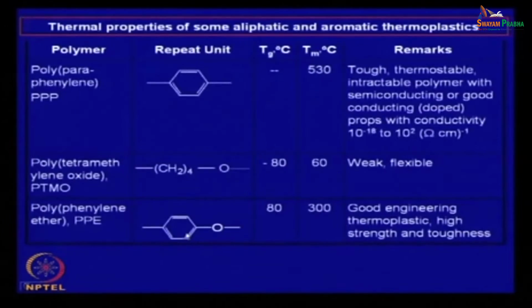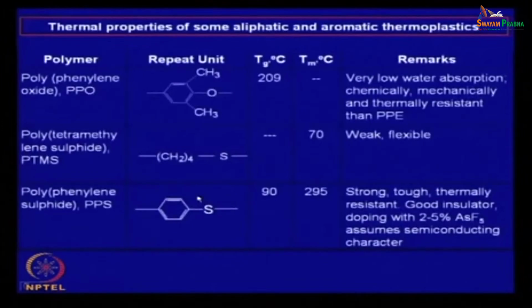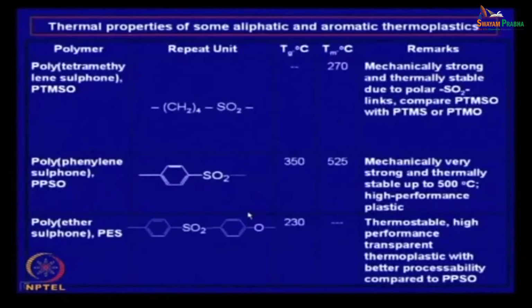So, here you see, because of the presence of methylene groups, its Tg is minus 80 degrees. When these 4 methylene units are replaced by a phenyl ring, keeping this ether linkage same, its Tg has changed to plus 80 degrees. So, this way you compare these polymers with their structures and their glass transition and melting transitions.